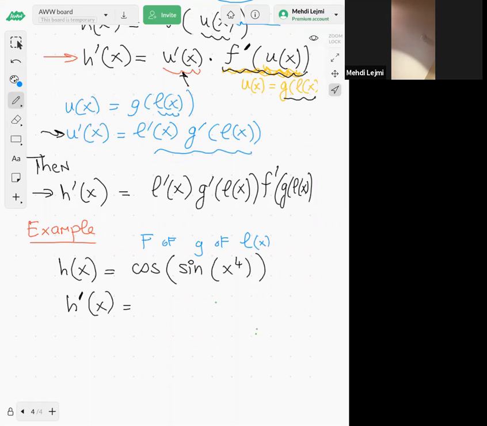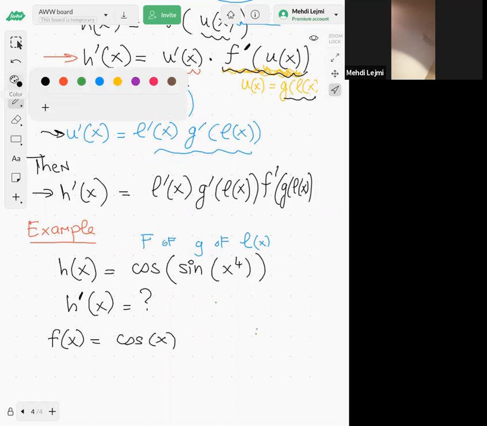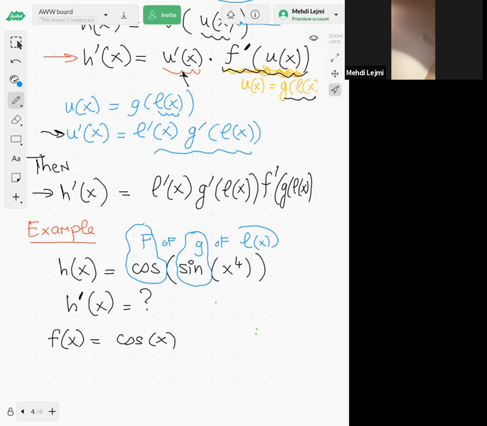So the question is, what's h prime? First, we said f is the cosine of x, my g is the sine of x, and my L of x is x to the fourth. Be careful, guys: this is not cosine times sine times x fourth. This is cosine of sine of x to the power 4.